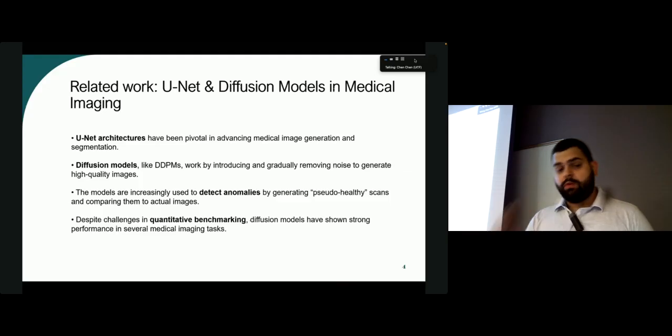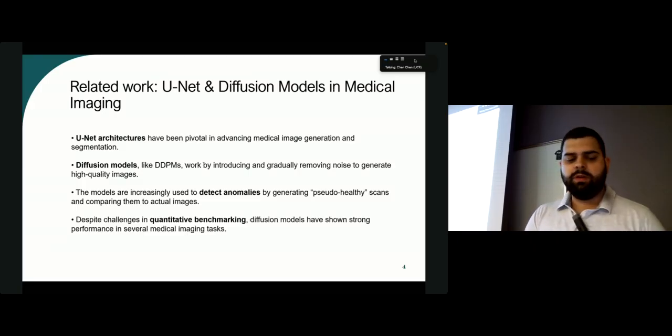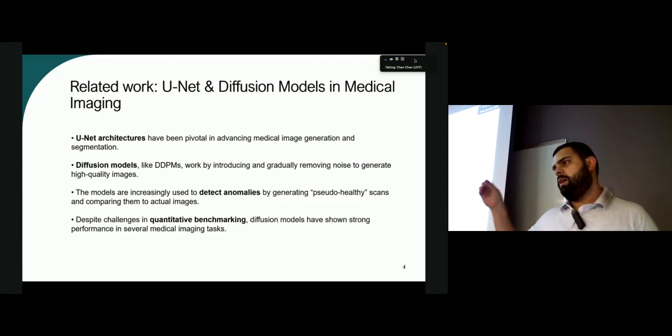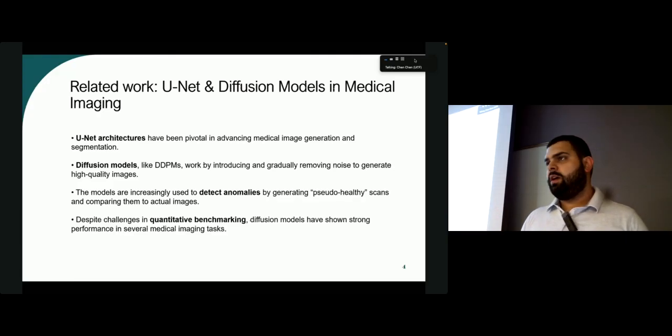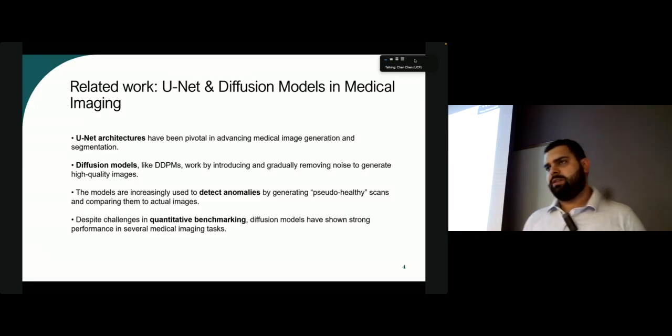So in terms of related work, for diffusion models in the medical field, what is used more is called the UNet architecture, which has been really important in advancing medical image generation and segmentation processes. And for diffusion models, how they usually work is they introduce noise to a certain image, and they train the model to gradually take out that noise, and that way the model can, at the end, generate these synthetic images, right?